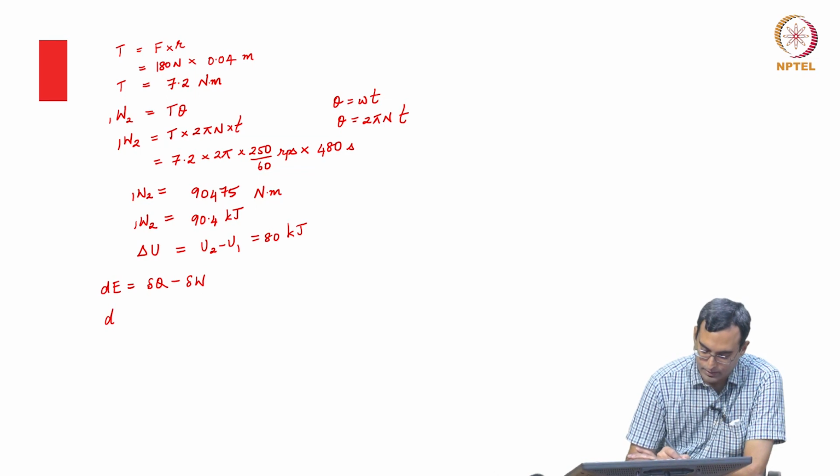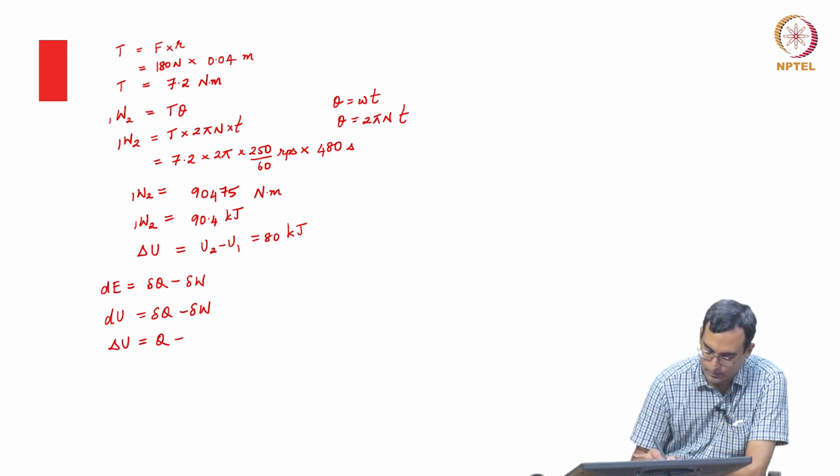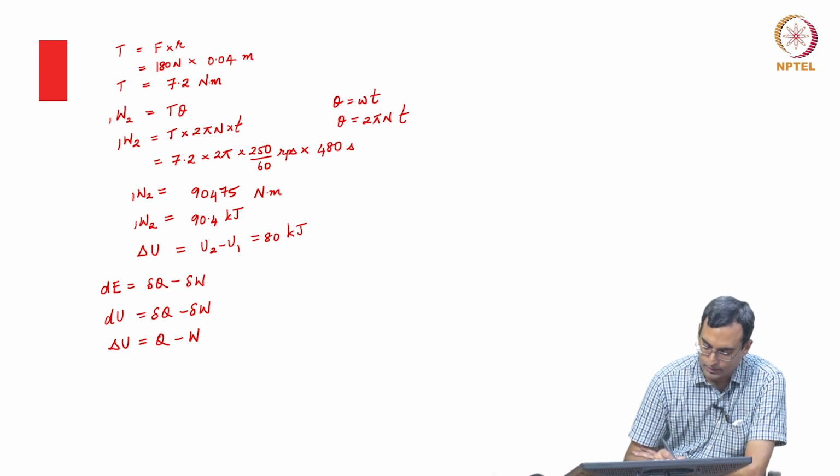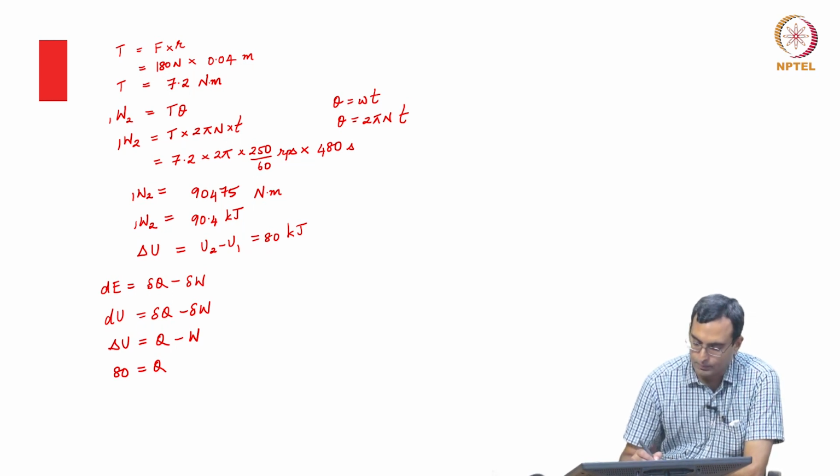So instead of dU, we can write it like this, and the integrated form of course is this. So this is 80, we do not know Q, we want to find out that, W is 90.4.